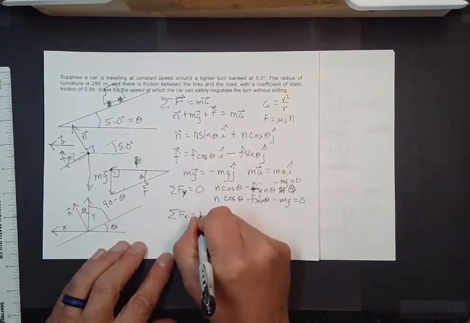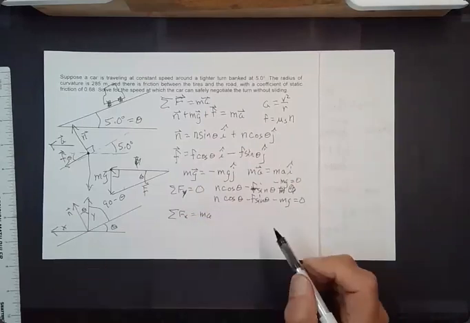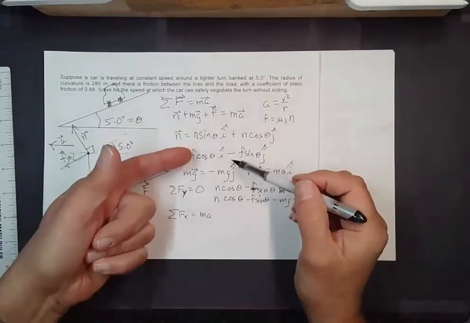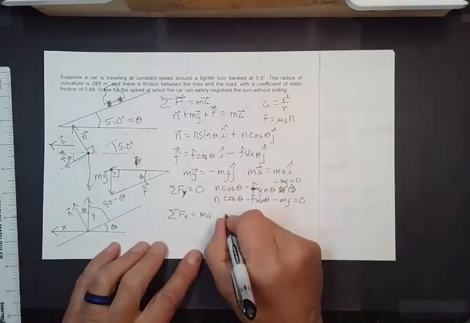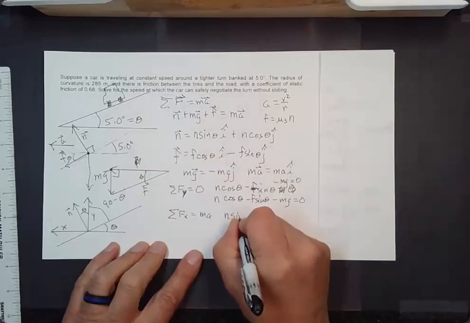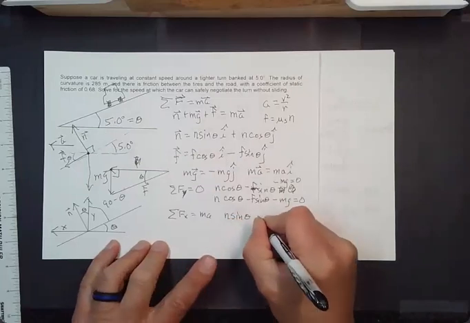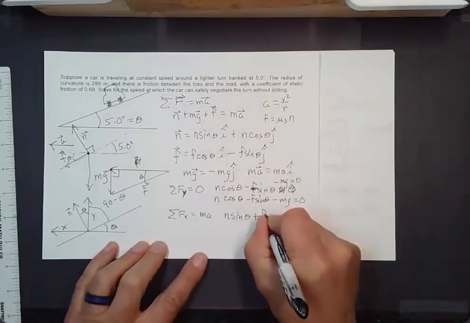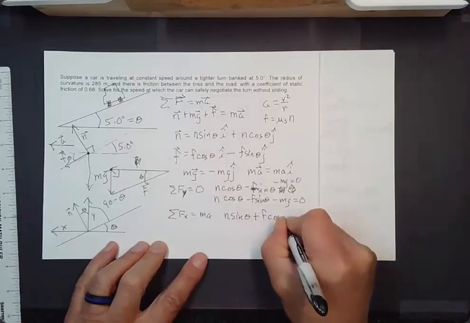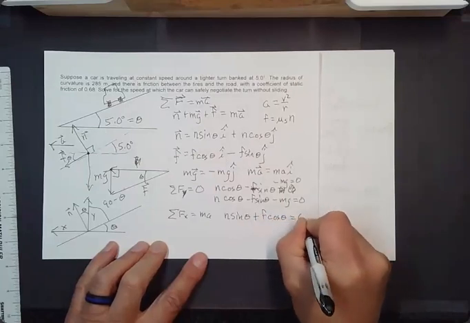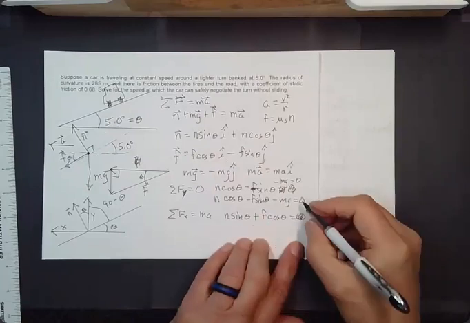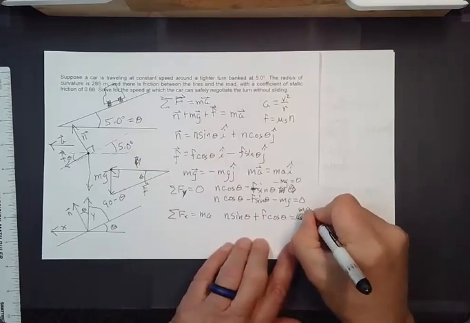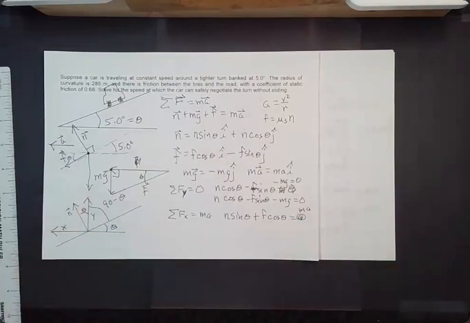Those will equal ma. And in the x direction, we've got n sine theta plus F cosine theta is equal to 0. Oh, nope, equal to ma. I was glancing up to see if there was another comment.